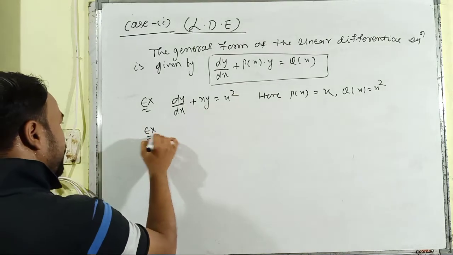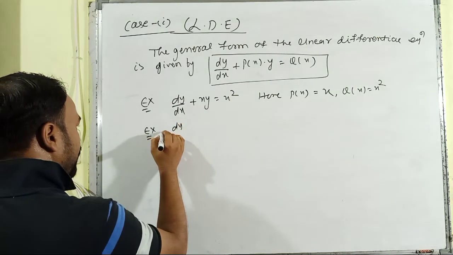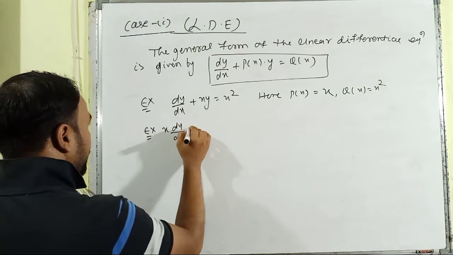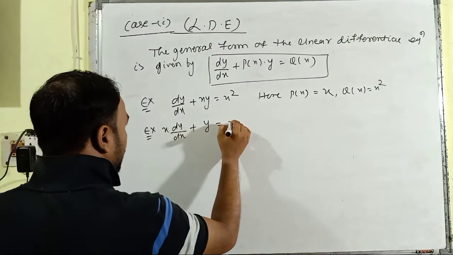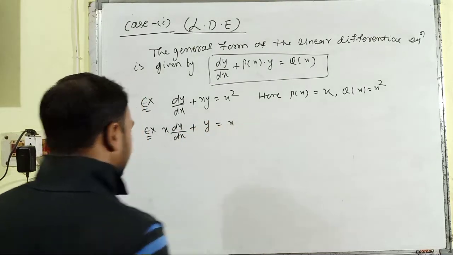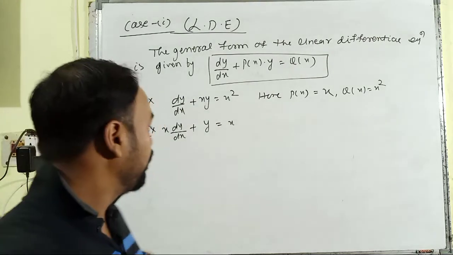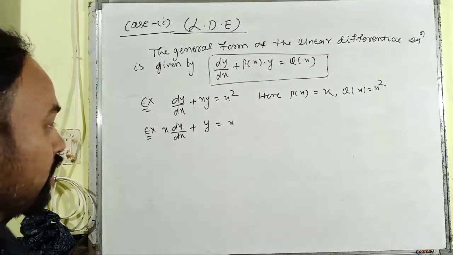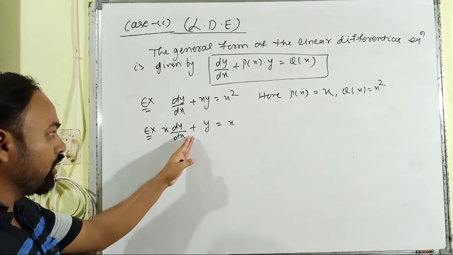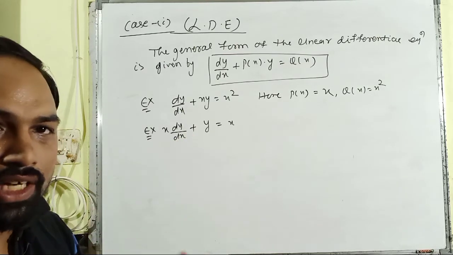Suppose the problem is like this: x dy upon dx plus y is equal to x. Now you have to find p of x and q of x from this given differential equation. First of all, you have to convert this into the general form of the linear differential equation.